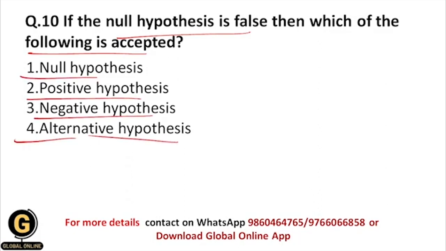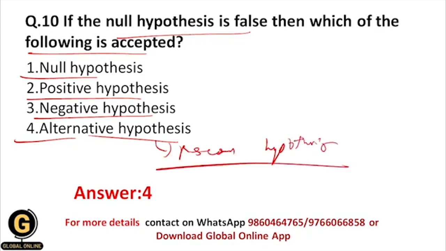So obviously students, whenever we reject the null hypothesis because it is false, in that situation we are going to accept the alternative hypothesis, which is also called the research hypothesis, right? That I have told you earlier in this video. Okay, that's why your correct answer should be 4, that is alternative hypothesis.